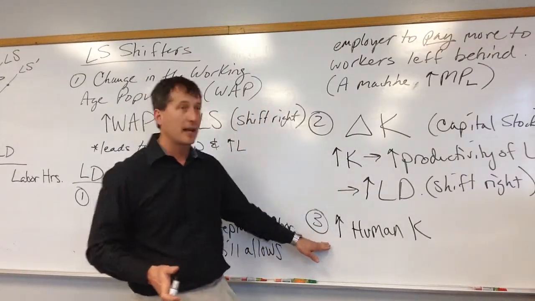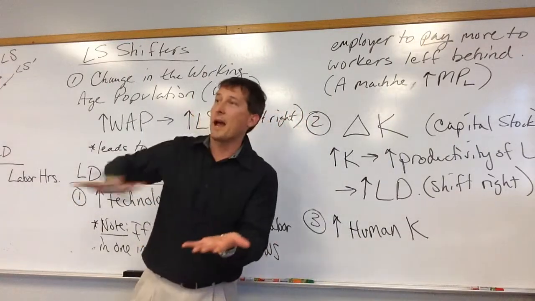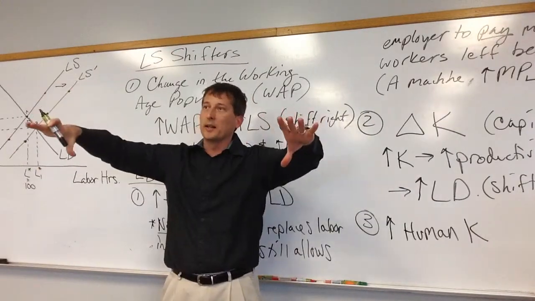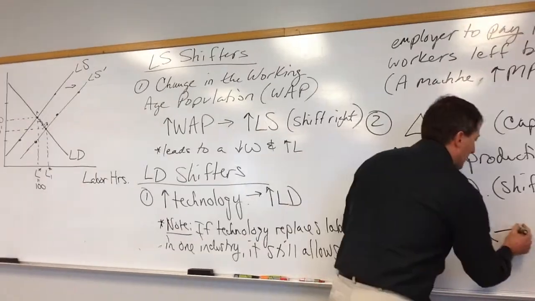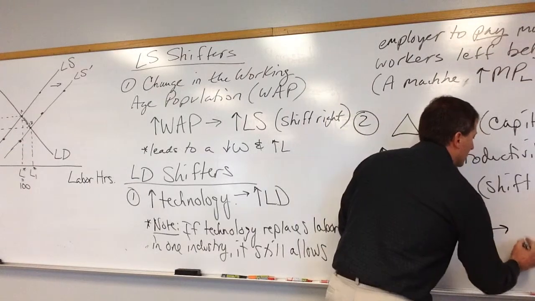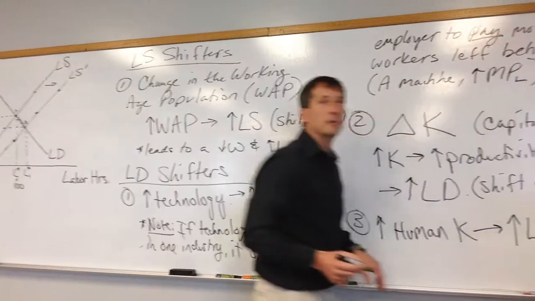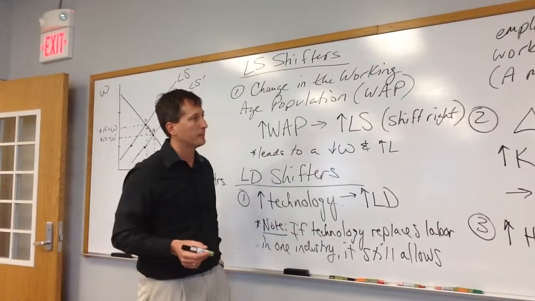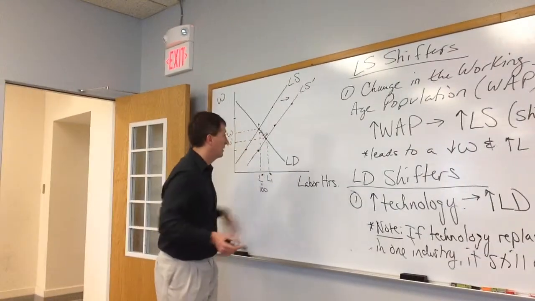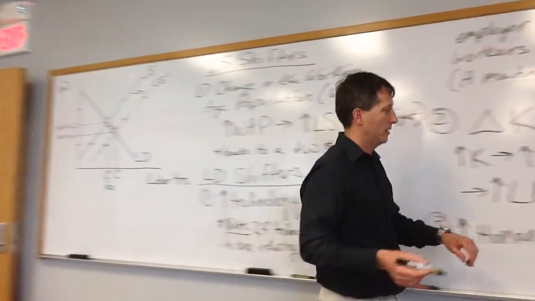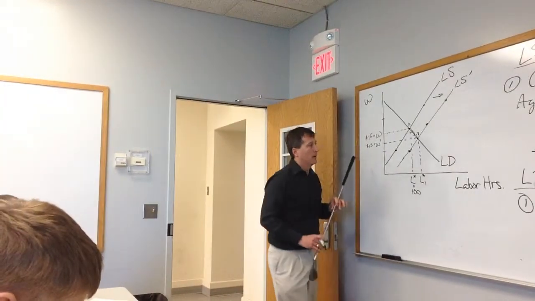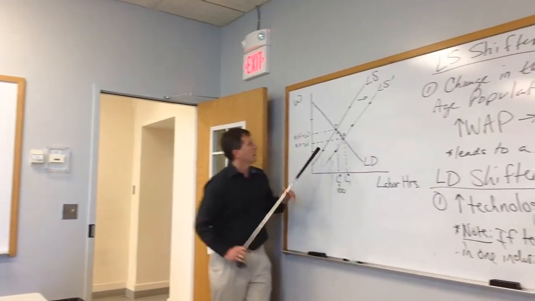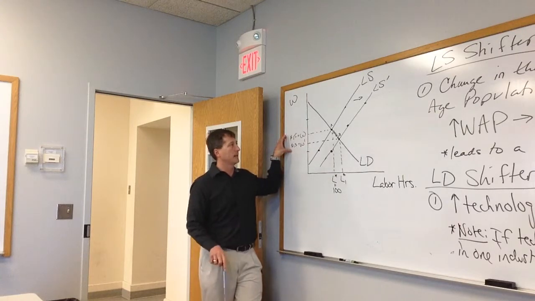And an increase in human capital, again, this is macroeconomics, so we're thinking about our island we live on. If there's a general uptick in human capital, that's going to make those people more productive, and that'll lead to an increase in the demand for labor. More productive people get paid more in general. So, what's the equilibrium effect of that?